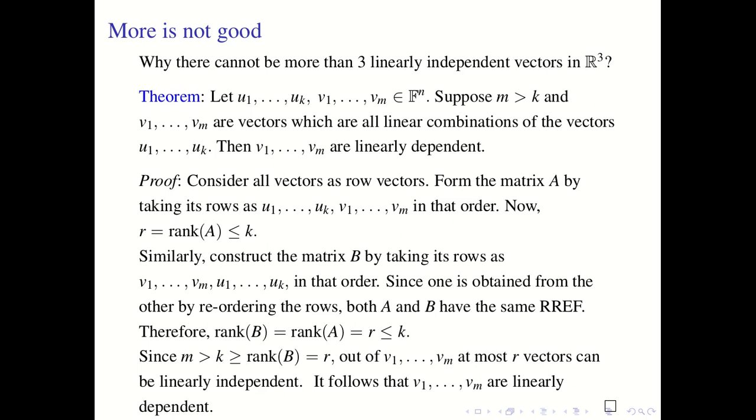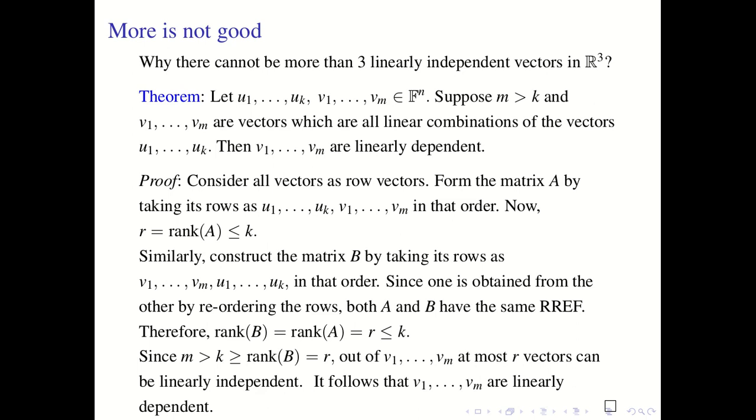So therefore A and B both will have the same row reduced echelon form, and therefore both will have the same rank r, which means that the rank of B has to be less than or equal to k.